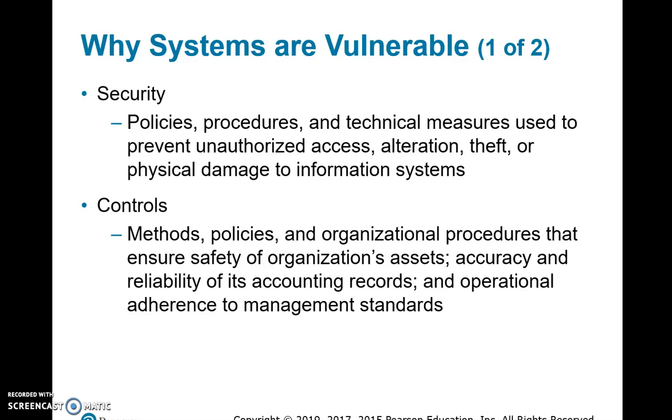Basically, this is to ensure the safety of the organization's assets, to maintain the accuracy and reliability of the records and information that you have, especially financial information, and also information about the strategy of the company, and so on and so forth. And also the adherence to operational features so that management can maintain their standards. These are all different controls in information security terms.